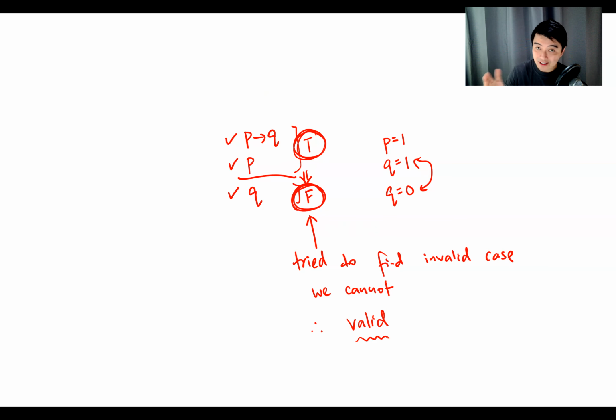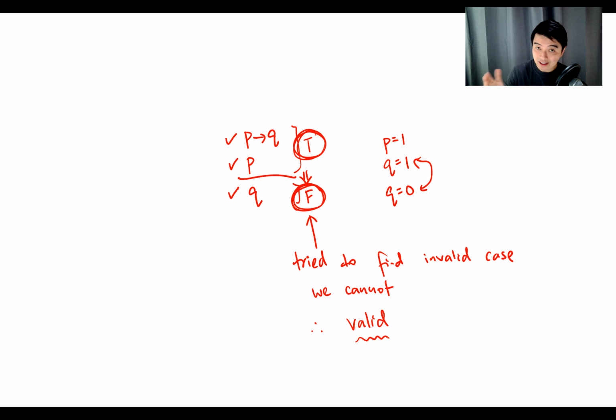All right, so let's do a bigger example of this. What if I give you this expression and ask, is this valid? Yes or no? Right now I don't know if this is a valid or invalid statement. Maybe we translate it from English and want to find out whether it's valid or invalid.